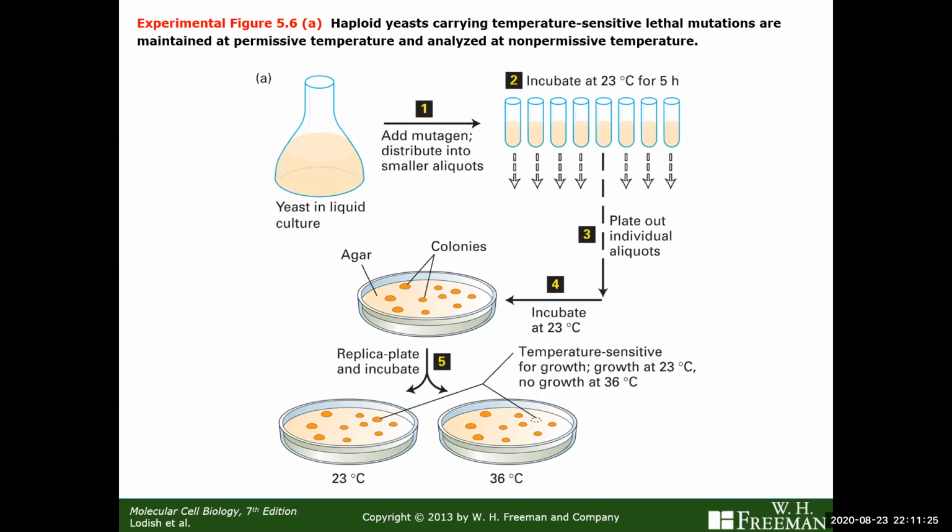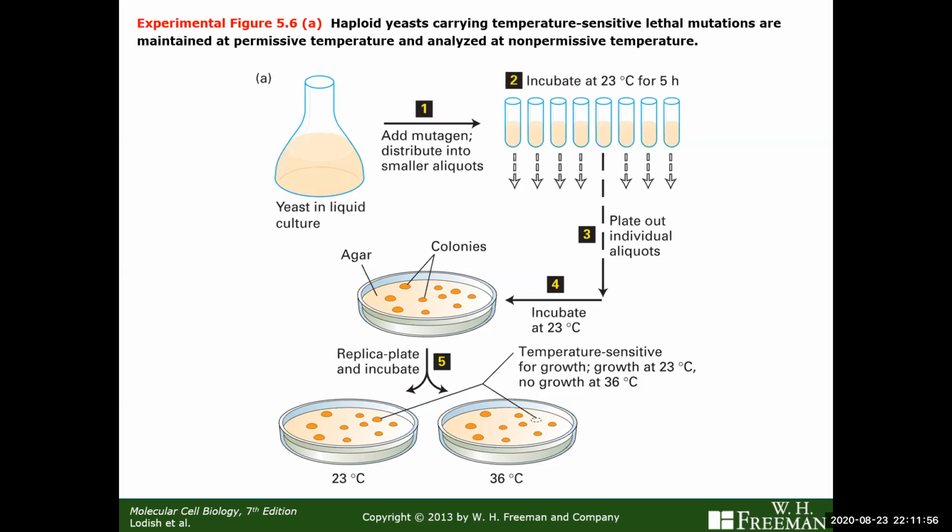So what will happen? These plates, which are marked here 23 degree, 36 degree, the same thing, but instead of 2, there will be 4 plates. One pair will be 23-36 in glucose, one pair 23-36 in galactose.